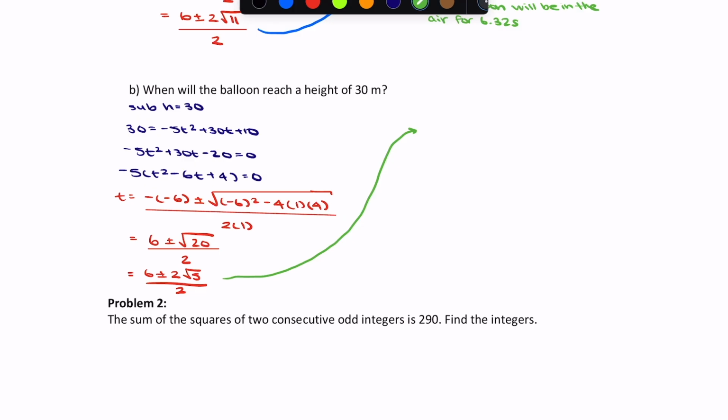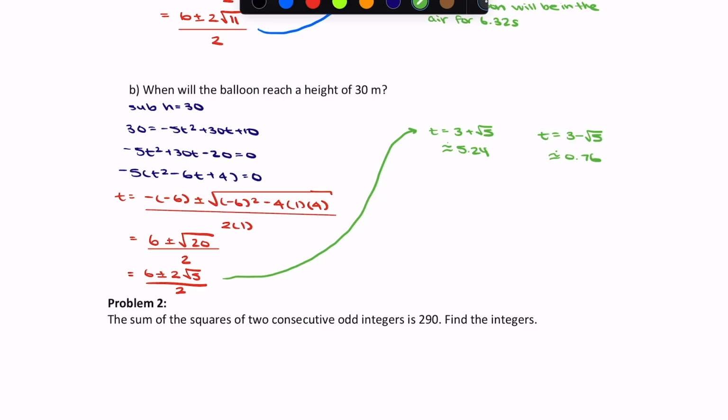So here we'll get two answers. We'll get t is equal to 3 plus square root 5. This gives us approximately 5.24. And we'll also get t is equal to 3 minus square root 5, which will give us approximately 0.76.